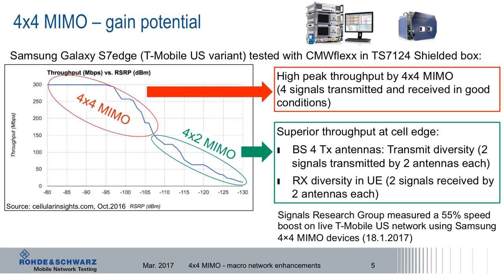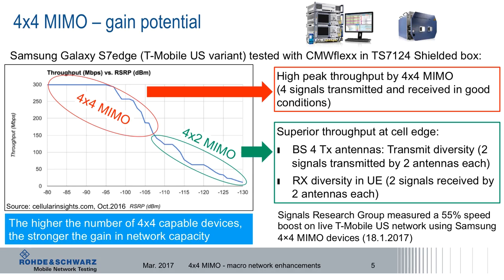In the live T-Mobile US network, tests for 4x4 MIMO were also done, and they showed a speed improvement of around 55%, comparing a 4x4 MIMO device to a 2x2 MIMO device. So this is the same message here. It's not only for peak data rates, but is as well good for the performance at the cell edge.